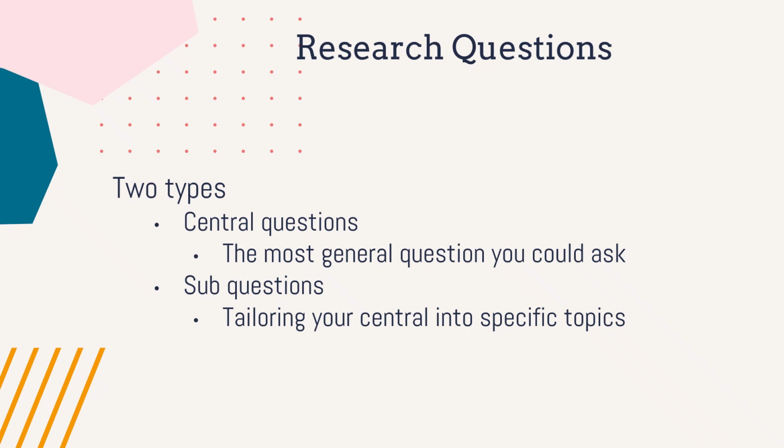Then some people do sub-questions, and these divide central questions into more specific topical areas of interest. So how is what's going on experienced by, and you narrow by the participants, the site. How do varying participants' perceptions and understandings of the phenomenon or concept inform their practices, processes, and any sub-concepts?